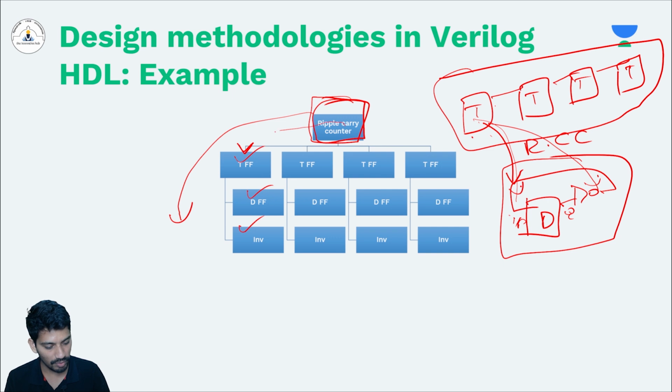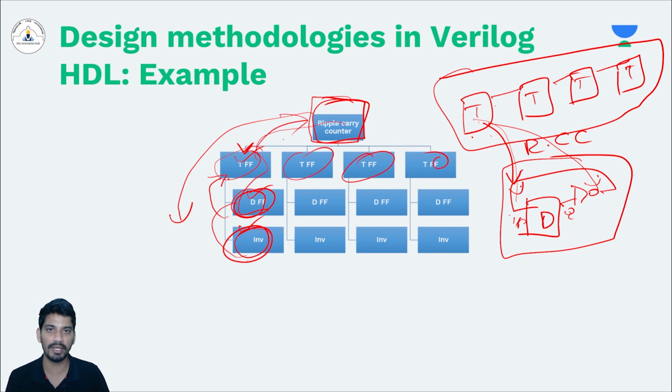So in this way, you will flow like this in the top-down approach. But in the bottom-up approach, you design your own inverter and then you design your own D flip-flop and use both of these to get the top T flip-flop, and then use 4 different T flip-flops to get the ripple carry counter. The flow is like this.